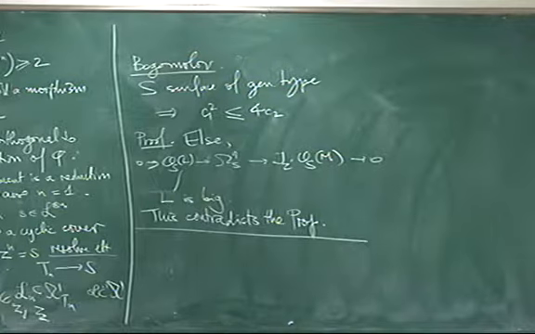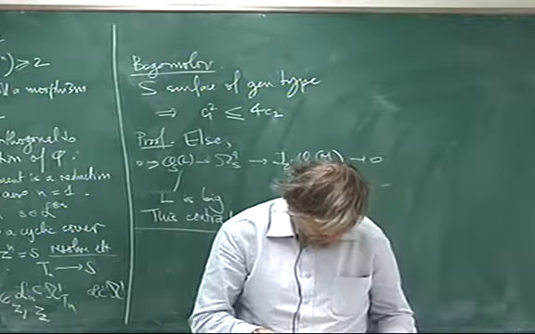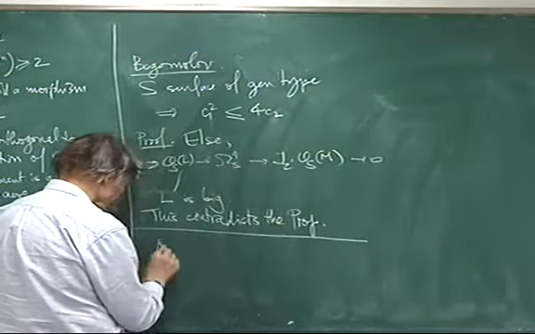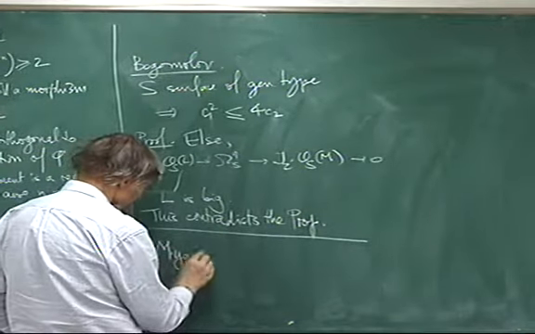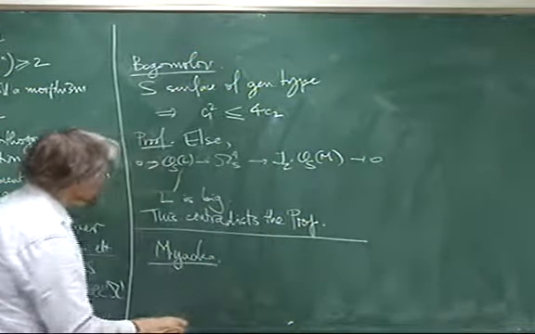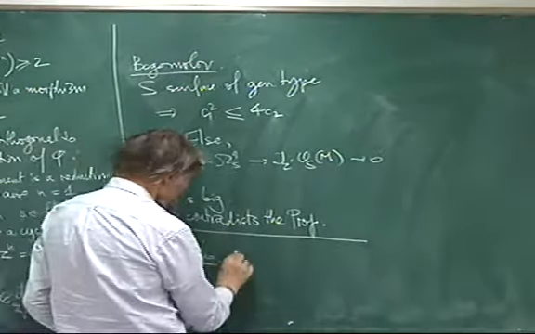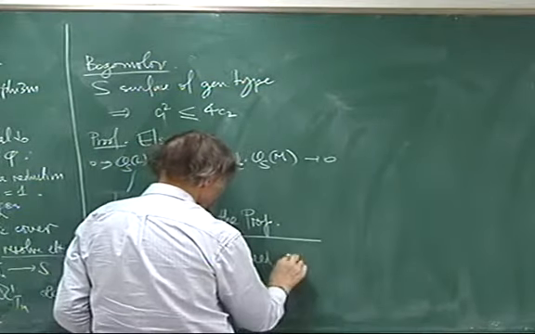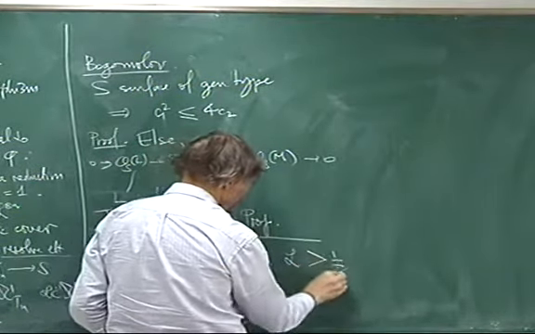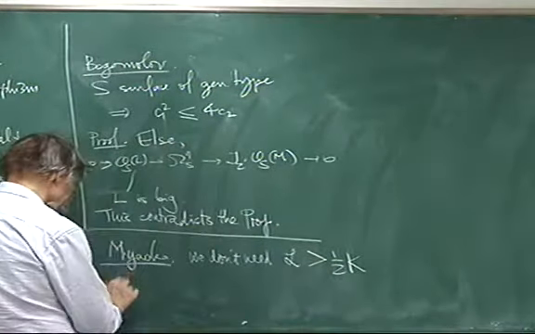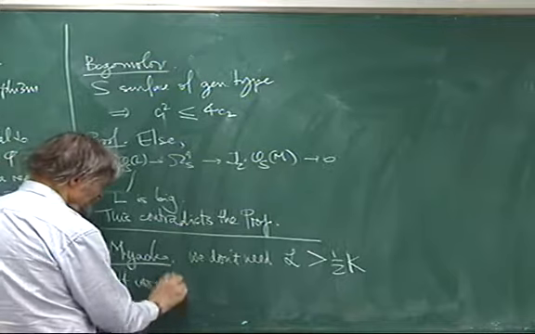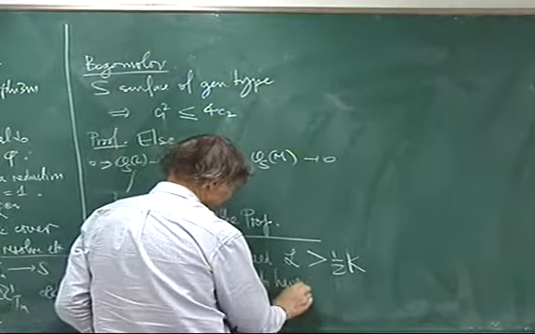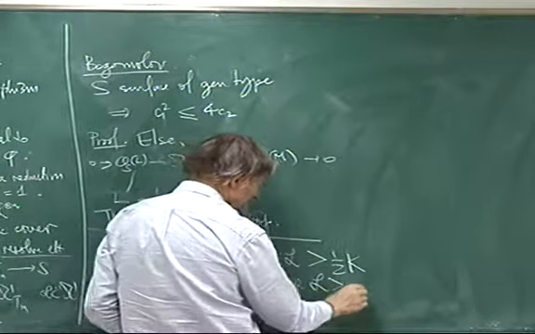And so Miyaoka's proof, which I'm not going to be able to tell you properly about because I haven't had time to prepare it, says basically we don't need such a big L. We don't need L bigger than 1/2 k. It will be enough to get L bigger than epsilon k.